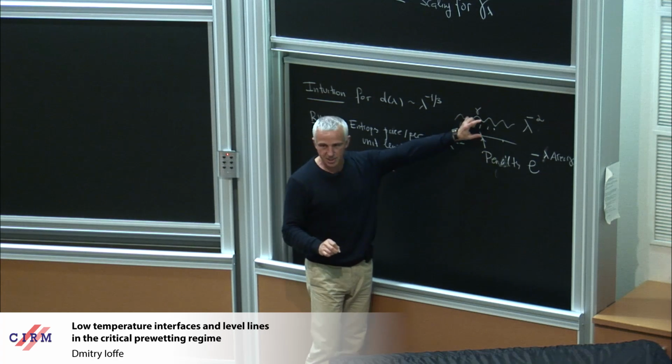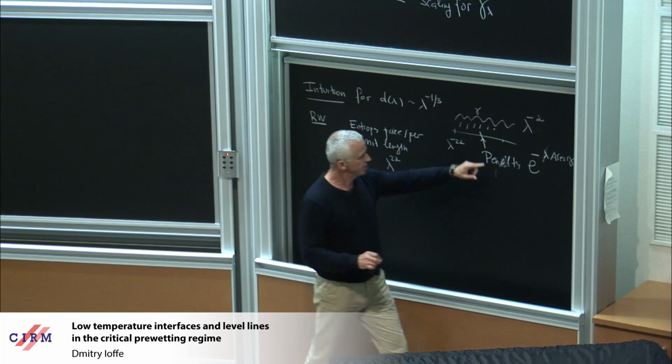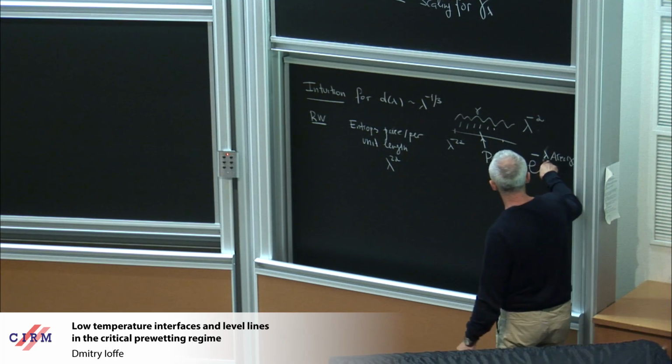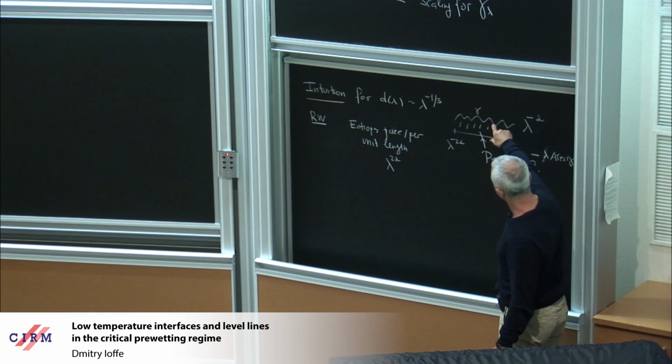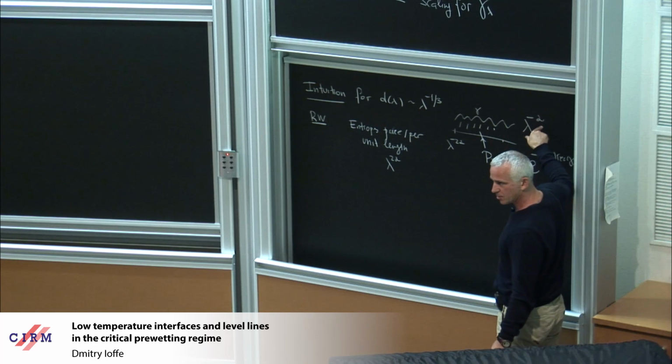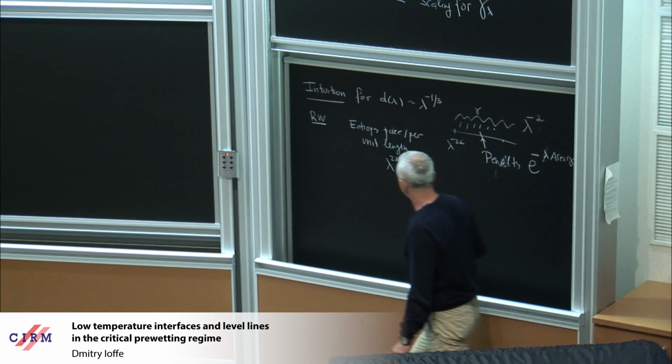And the energy price per unit length: you pay lambda times the height, which is lambda to the minus alpha, so it's lambda to the 1 minus alpha.